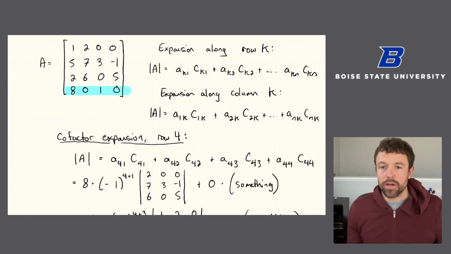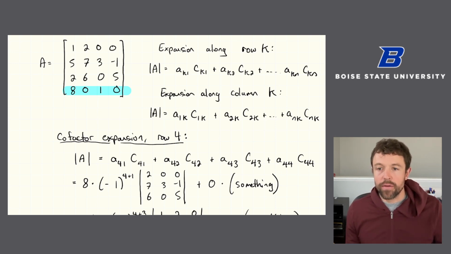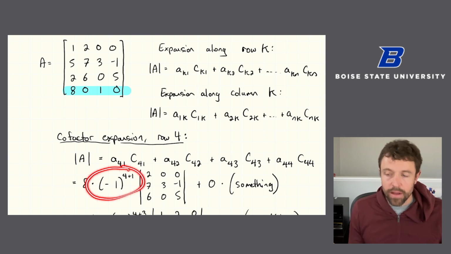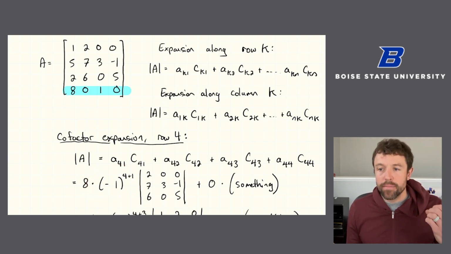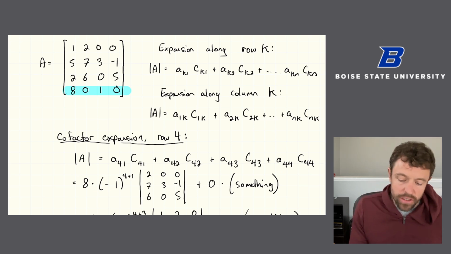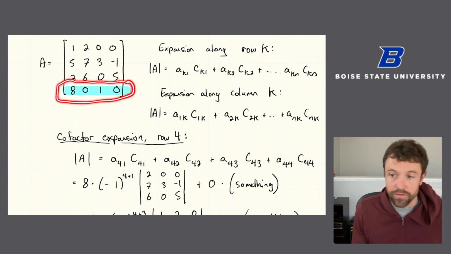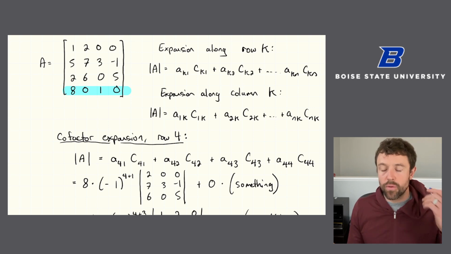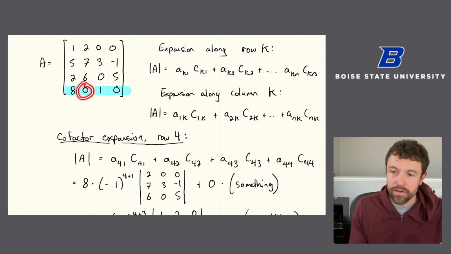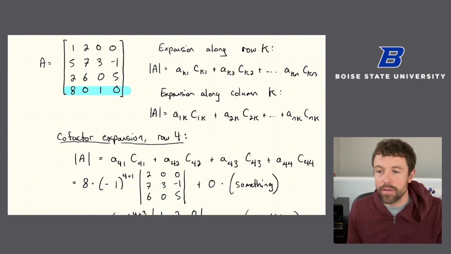So that's why this works. It's just an iterative way of going through the matrix and selecting an entry from each row and column and maybe multiplying by -1. And in particular, it takes advantage of situations where you have a lot of zeros, because you quickly identify that if this is the entry that you pick from row 4, you don't need to worry about anything else because it's all going to multiply out to 0.